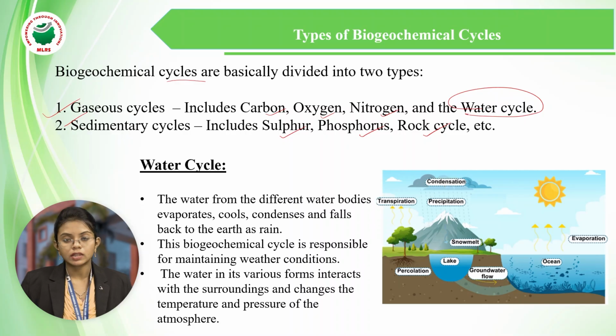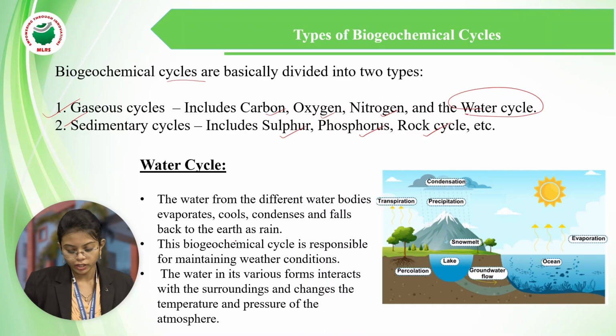First we'll see the water cycle. The water from the different water bodies evaporates, cools, condenses, and falls back to the earth as rain.